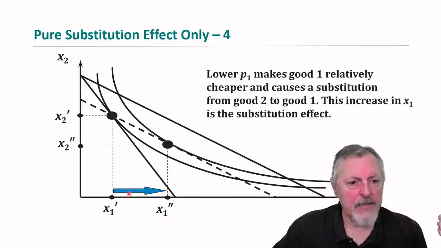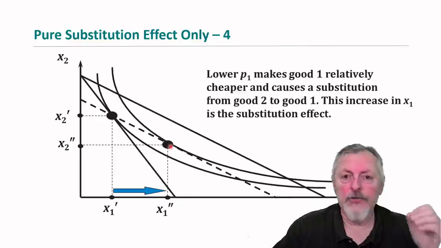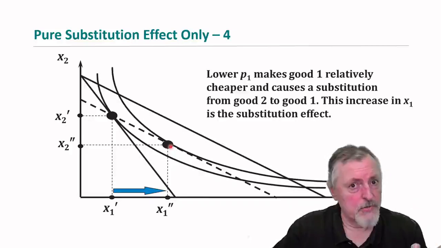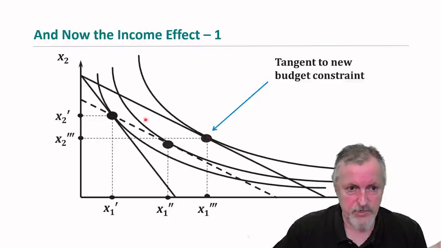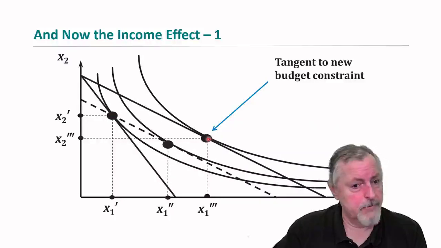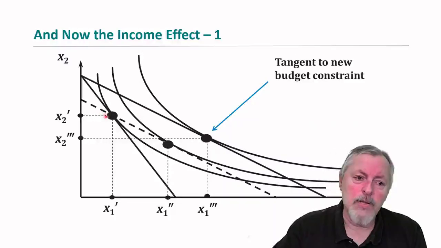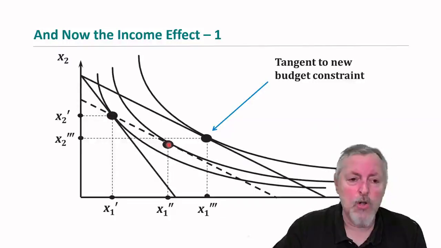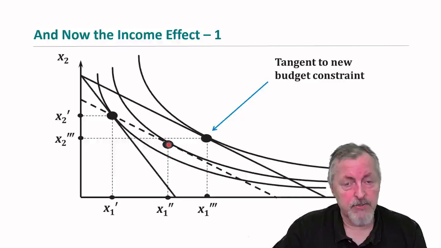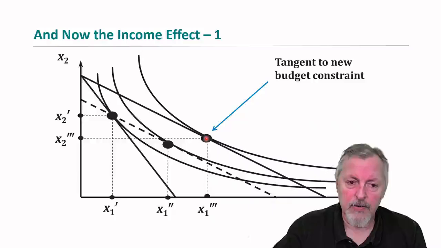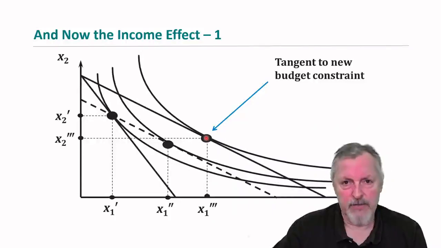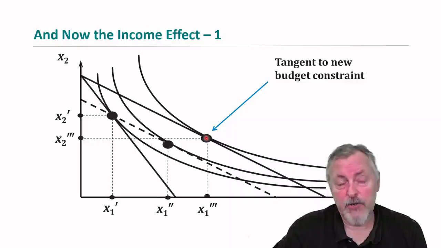Well, if that is the change from here to here due only to substitution, due to the relative price change, then the rest of the change, because remember, you started here, the price of thing 1 drops, now you're buying this combination. Well, if this change from here to here is all due to the substitution effect, the change in relative prices, then the change from here to here must be due only to the income effect, you being functionally richer.